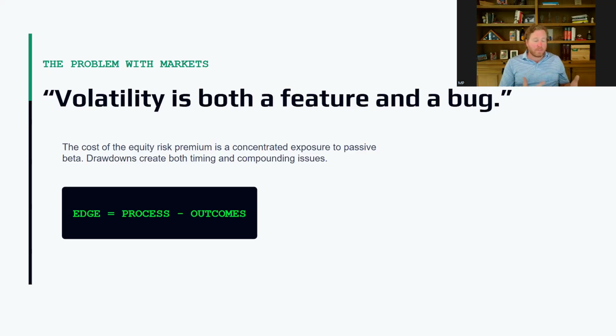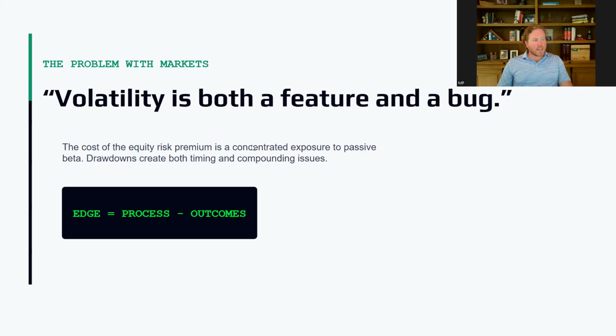Equities have compounded very successfully, but we all know what happened in March of 2020 or April of 2025, or frankly, even a little bit of the dip that we had earlier this year. So volatility is everywhere in the markets, and that's one of the least palatable parts about being long equities in long-term investing.